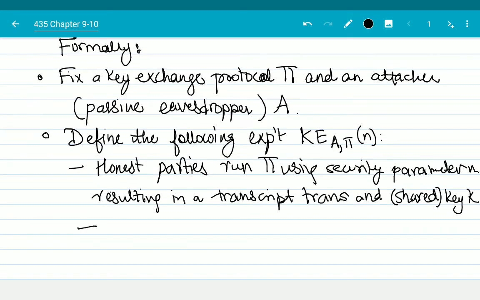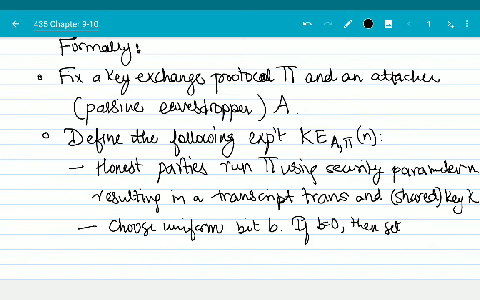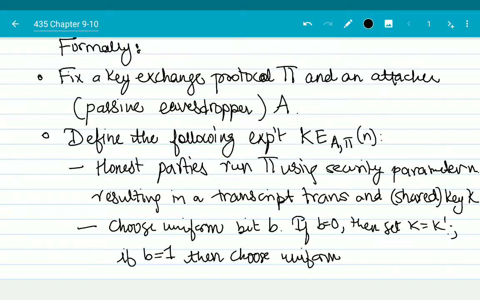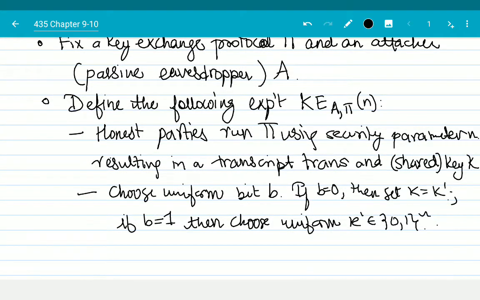Okay, great. Choose a uniform bit b. If b is equal to 0, then set k prime equal to k. If b is equal to 1, then choose a uniform k prime from {0,1}^n.